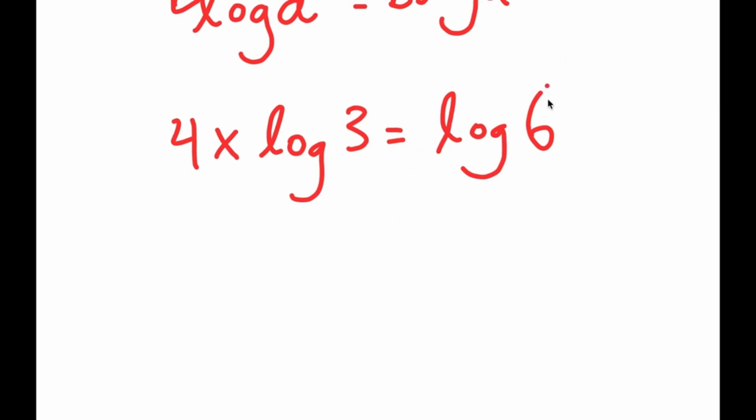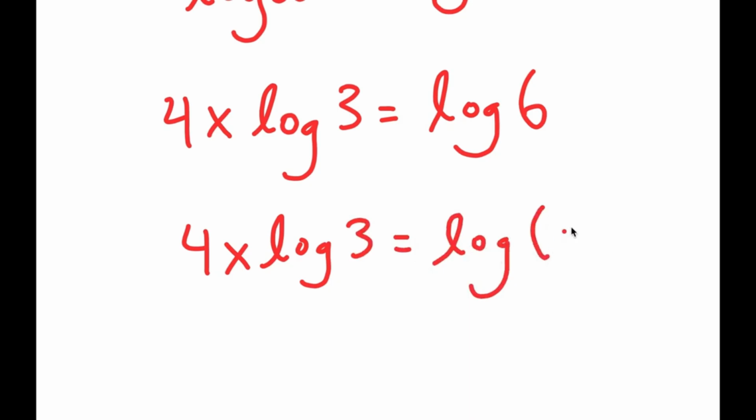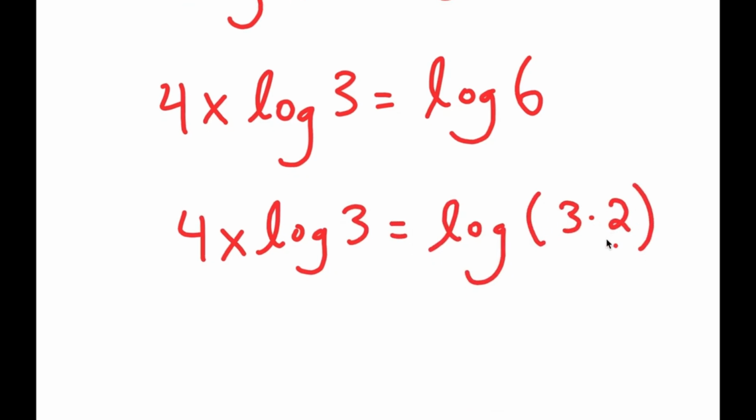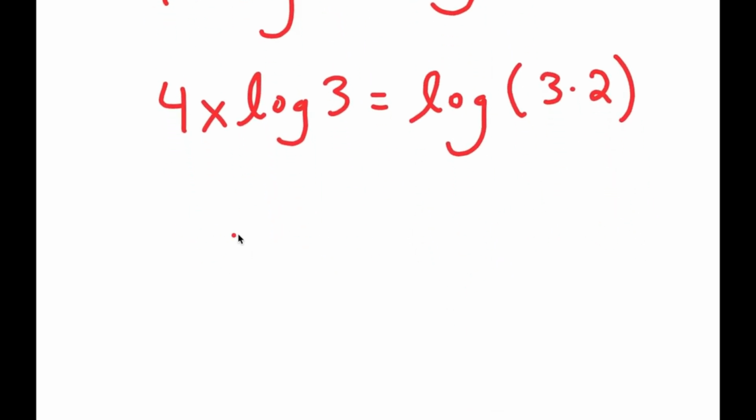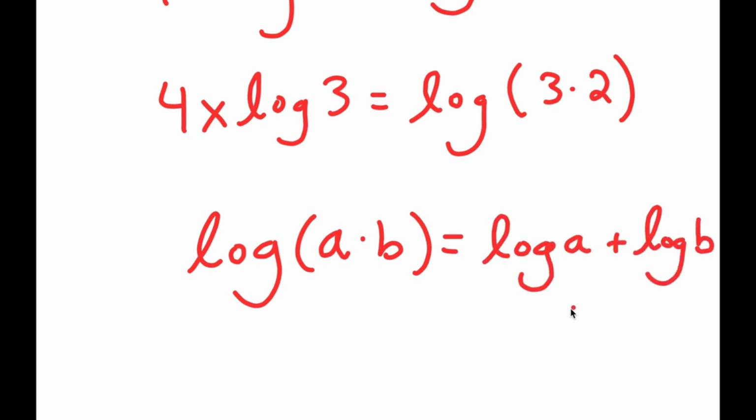Now from here, I'm going to rewrite log 6 as log of 3 times 2. And an important property of logarithms is that if I have something in the form log of a times b, this is equal to log a plus log b.